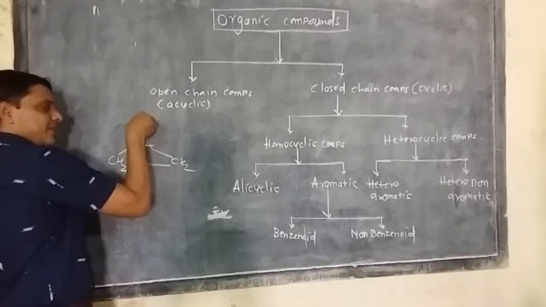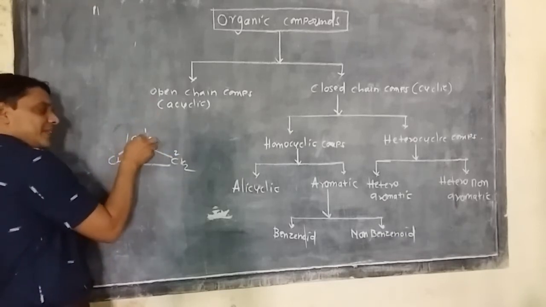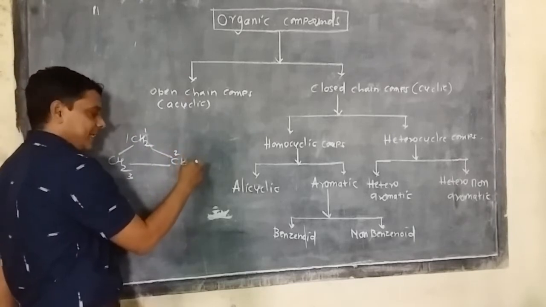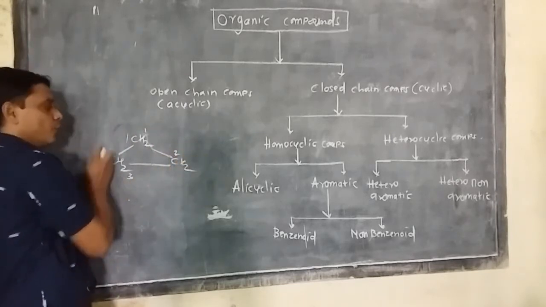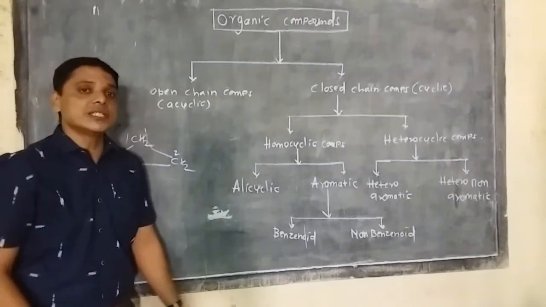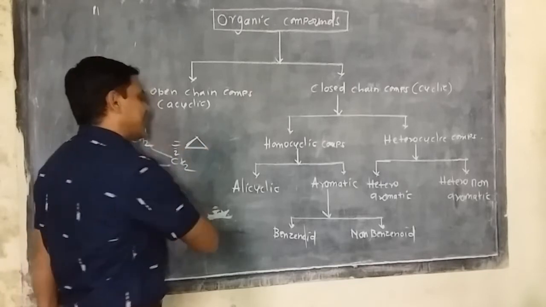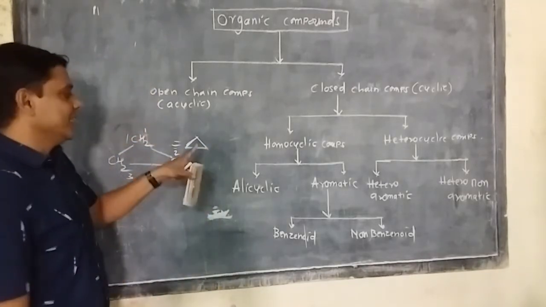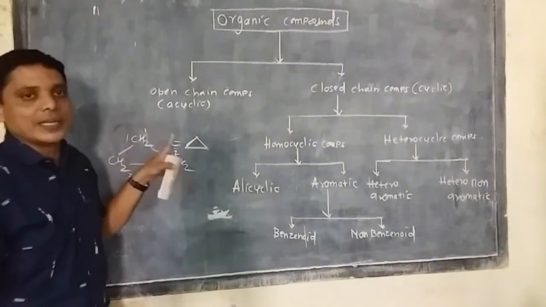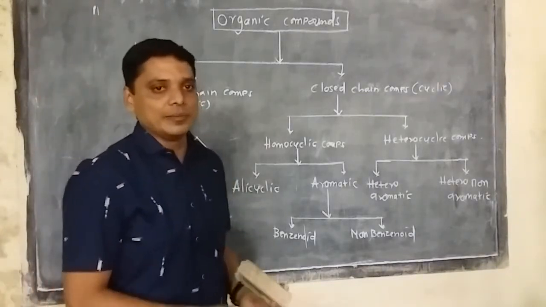Suppose we number them 1, 2 and 3. The first carbon starts, then goes to the second and then the third. So the first and third, the initial and terminal carbon atoms, meet each other. We can also represent it by a simple triangle. This triangle is a symbol of the cyclic compound cyclopropane. So this is a simple idea behind closed chain compounds.